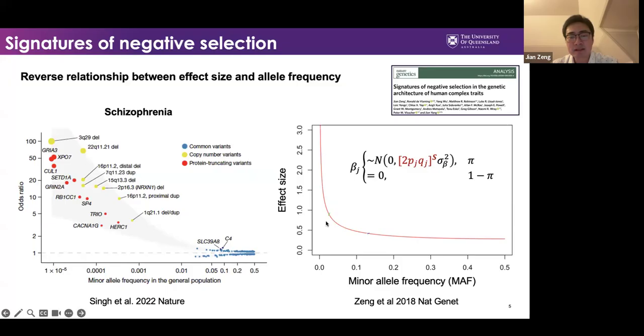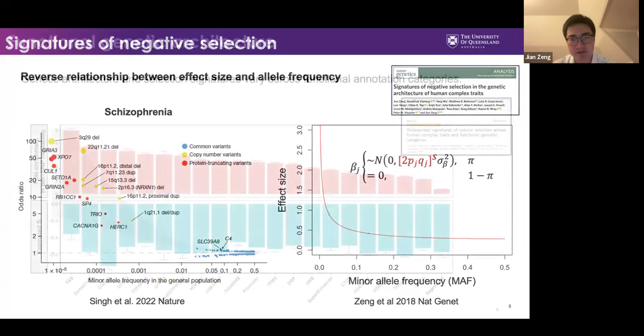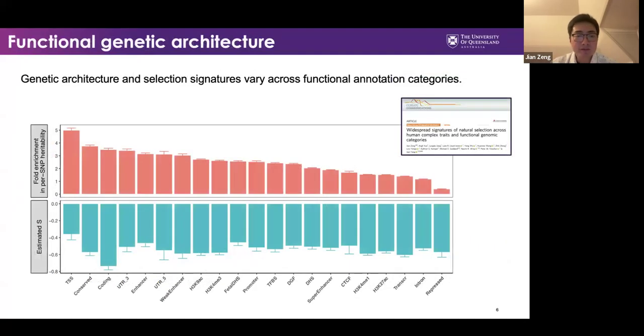And in this study, we found that when we apply this method to complex traits, most of the complex traits we analyzed have a negative S value. So that indicates the prevalent action of natural selection. And then in a subsequent study, we went ahead and looked at this signature of natural selection in different functional categories, like the transcription start site, conserved region, coding region, enhancer, promoter, and regulatory regions.